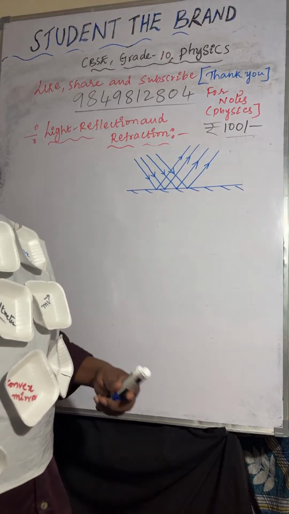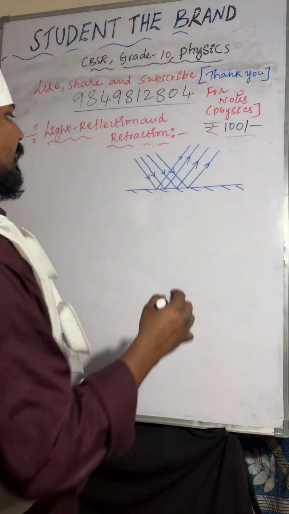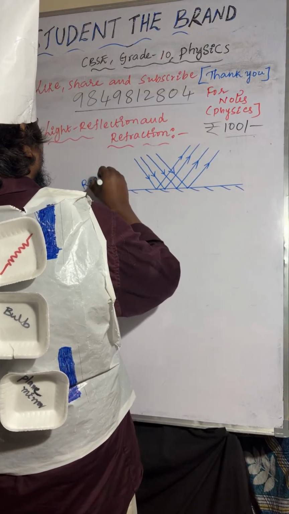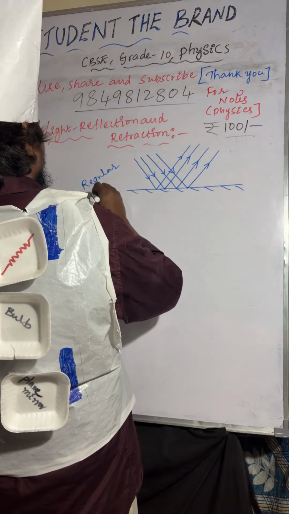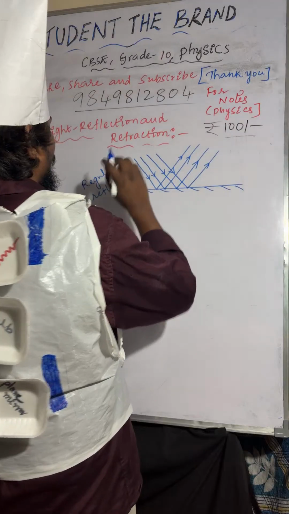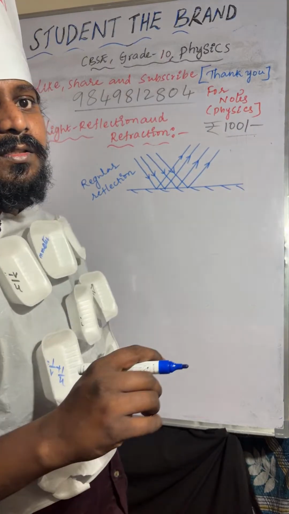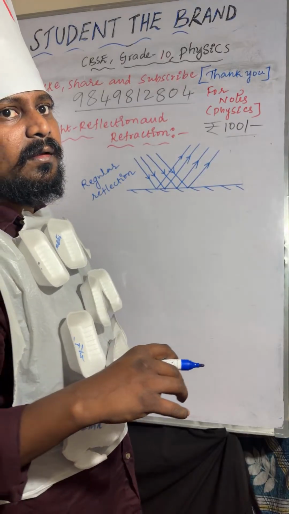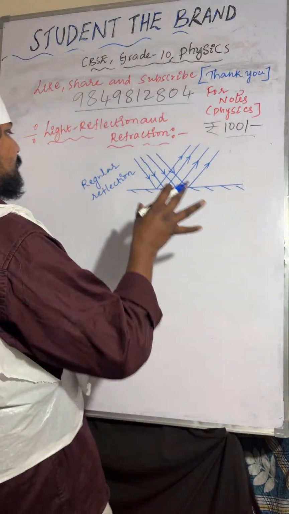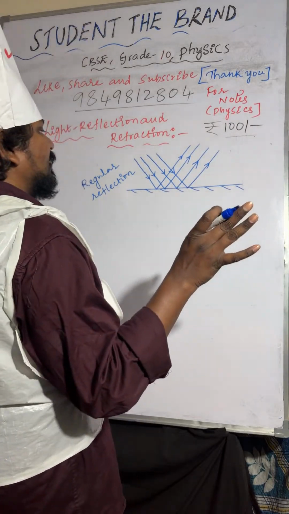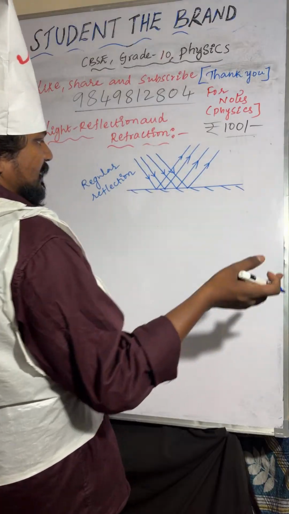Regular reflection takes place on a smooth surface, whereas irregular reflection takes place on a rough surface.